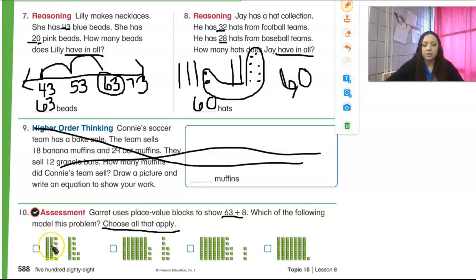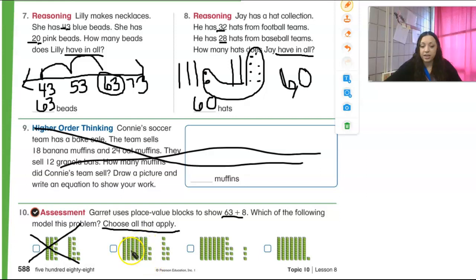So when I look at this first problem, what would this number be? I have 1, 2 tens, and 5 ones, 25. Does that show our problem? No, so it can't be this one. All right, let's try this one. My first number has 1, 2, 3, 4, 5, 6 tens, and 1, 2, 3 ones.